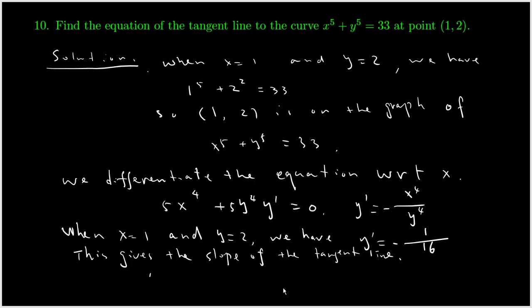The equation of the tangent line is y minus the y coordinate of the point, which is 2, equals the slope, negative 1 over 16, times x minus the x coordinate of the point, which is 1. Again, question number 10 is designed for a simple application of implicit differentiation, which we just learned.